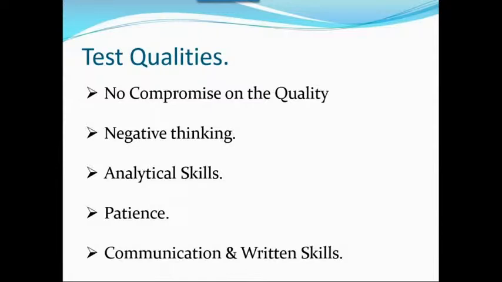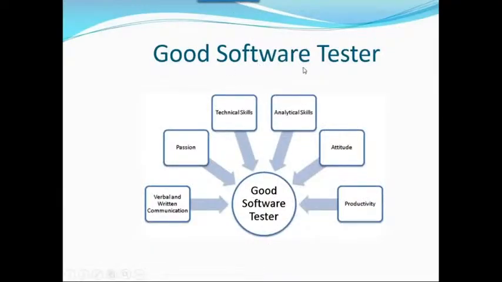If you are not telling it in the correct way and you miscommunicate, then the developer will not understand where the defect is. So communication is one of the most important. Whatever issues you observe, you need to report to the developer, and you also need to write emails, like writing skills. That is one of the most important things if you want to become a good tester.